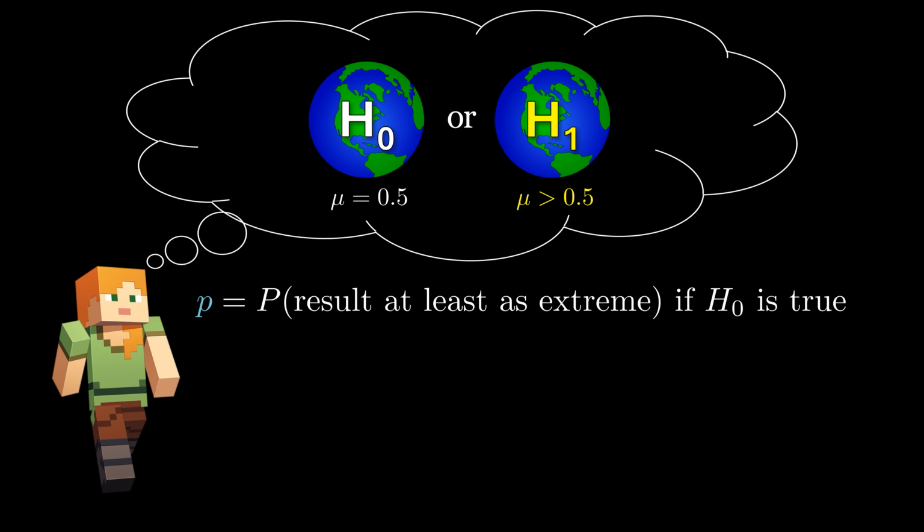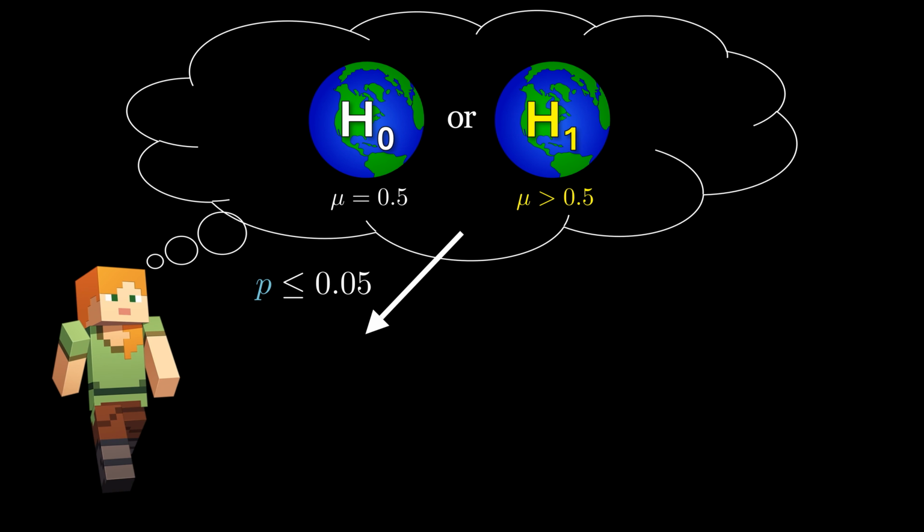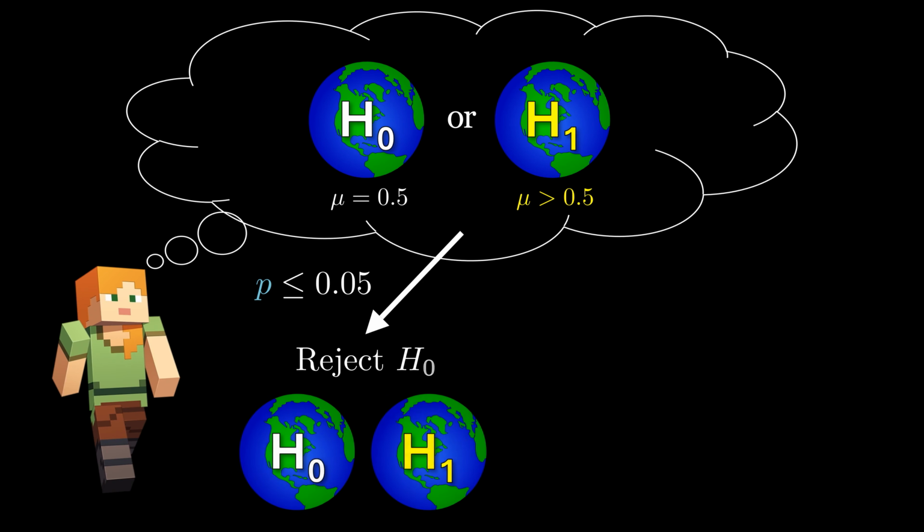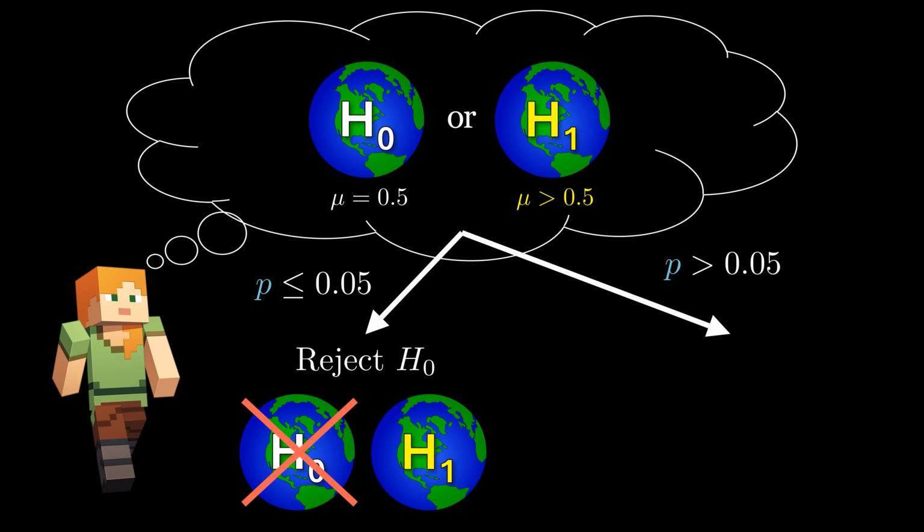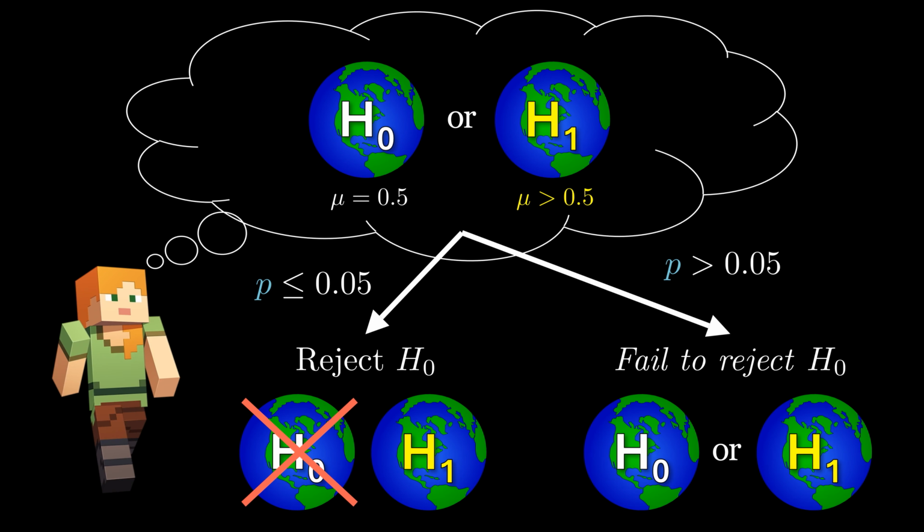Last video, we said that if the p-value is lower than some threshold, usually 5%, we conclude that our result was unlikely to have happened in the null world, and so we reject the null hypothesis in favor of the alternative hypothesis. On the other hand, if the p-value is not sufficiently low, then we say that we fail to reject the null hypothesis. We never say that we accept the null hypothesis, since our hypothesis test can't actually provide evidence that it's true, only that it's false.